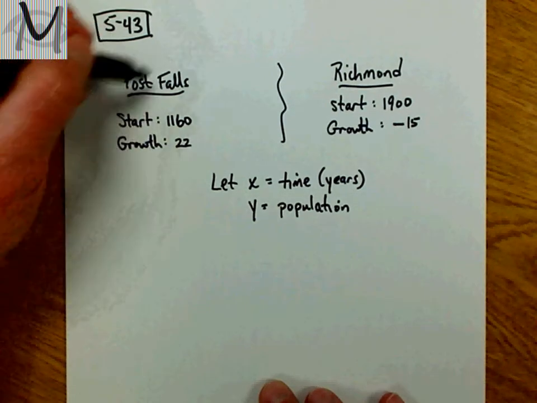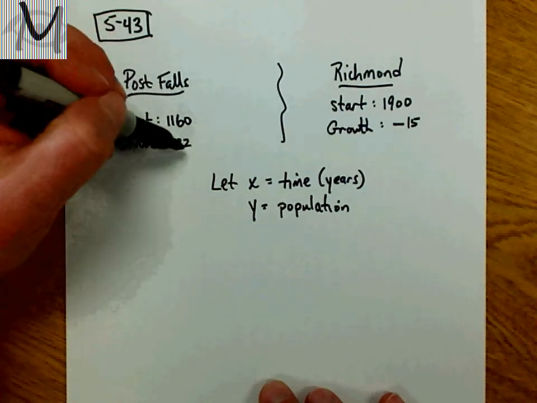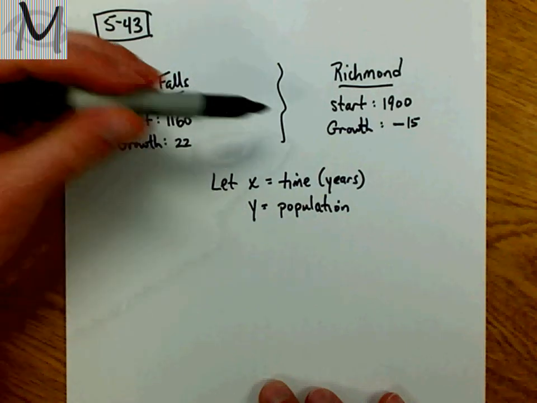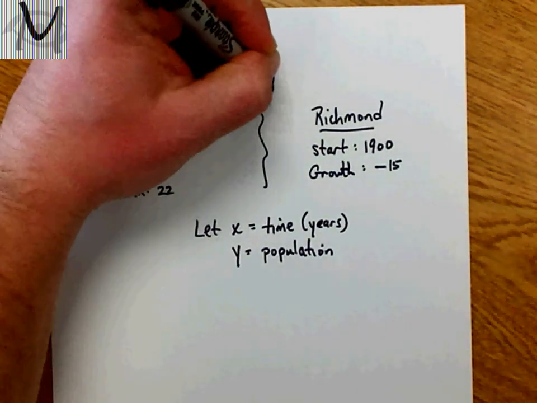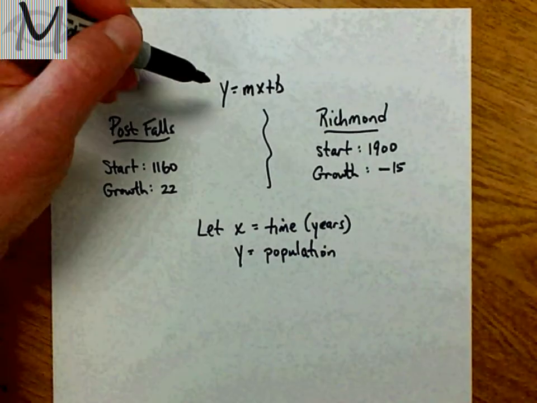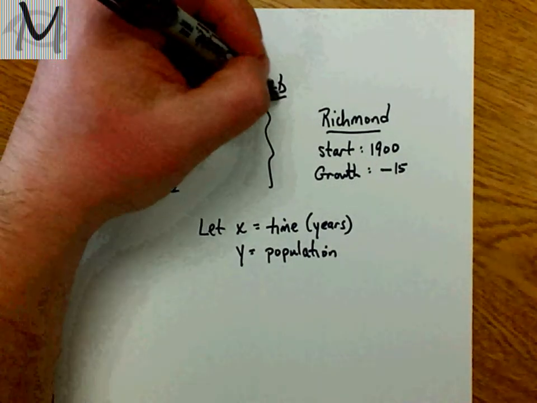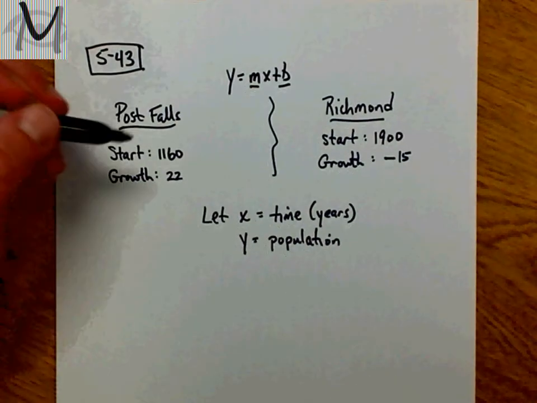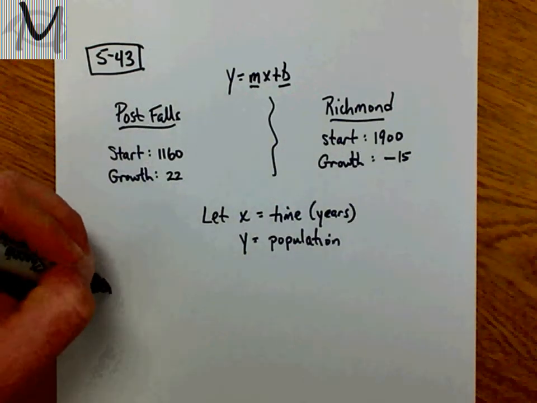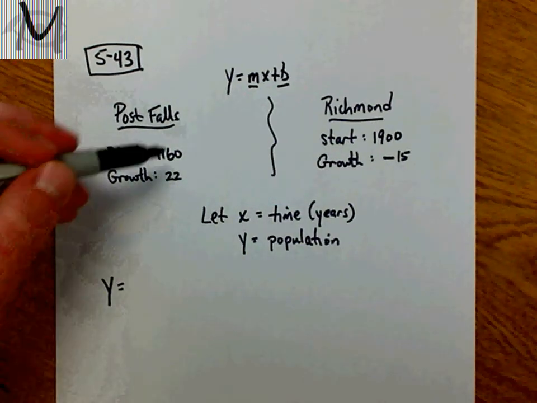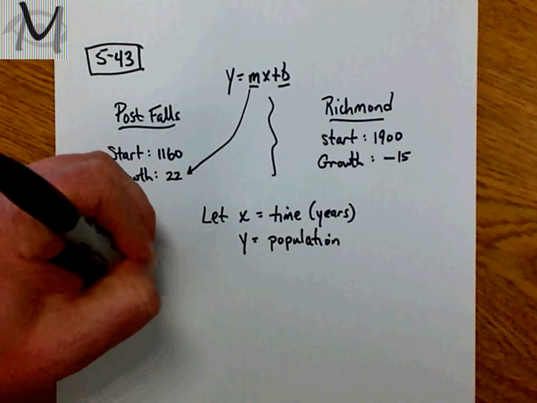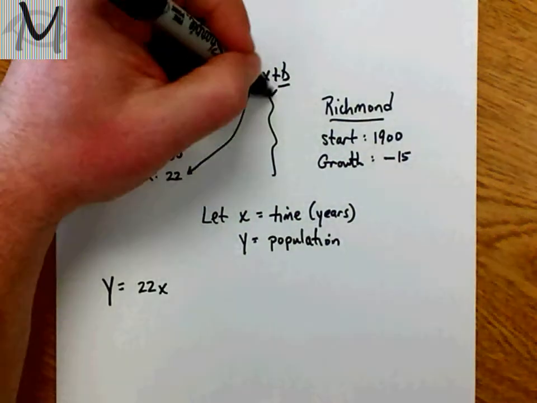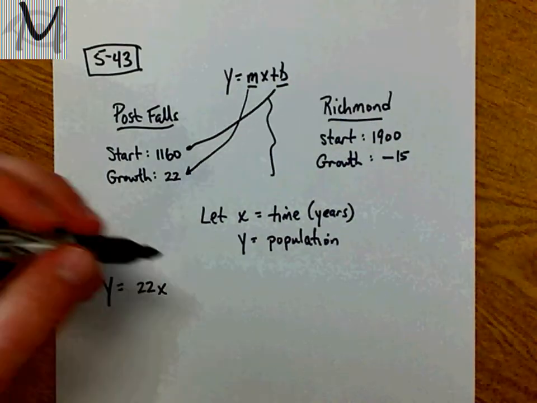Remember that since the growth is steady, these are in y equals mx plus b format, where m is the growth and b is the starting amount. So Post Falls High School is y equals, m would be 22, and b would be 1160.